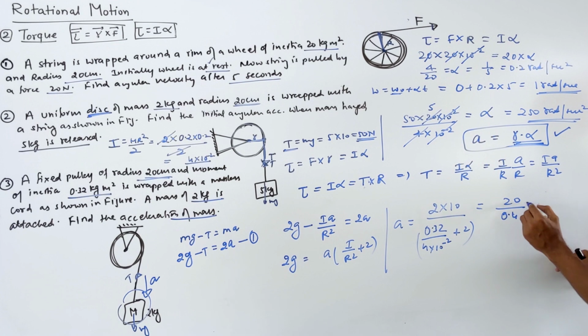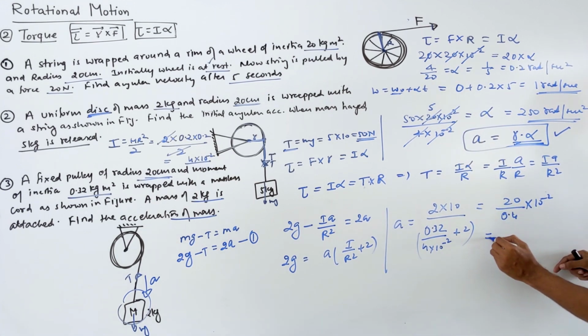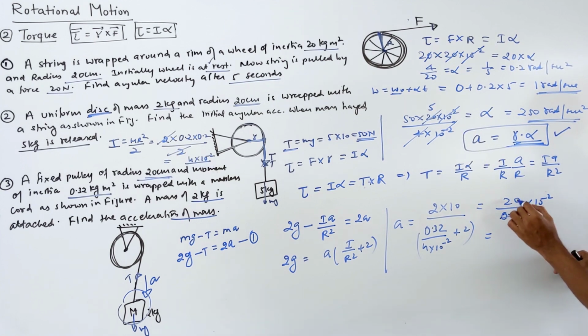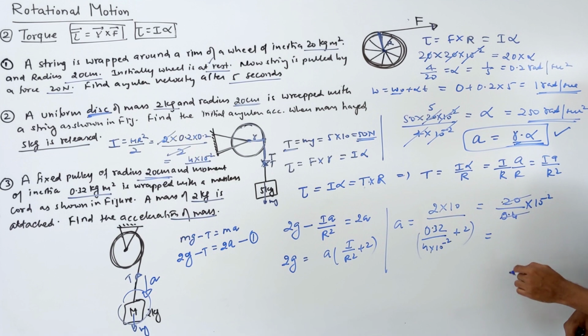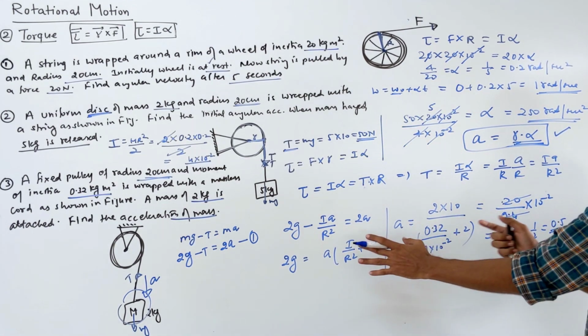So 0.4 and 10 power minus 2 will go up. Yes, I feel so. Okay, so suppose you calculate this number, how much comes? Cancel that, it becomes 0.5. So 0.2 by 0.4 means 1 by 2, which is 0.5. I feel something is wrong in the calculation here.